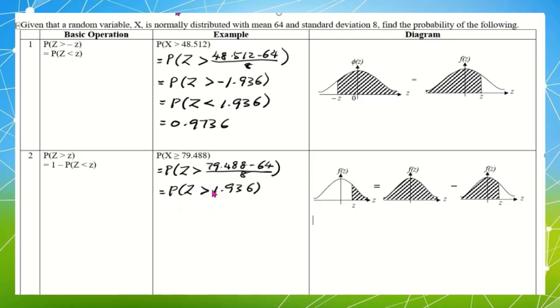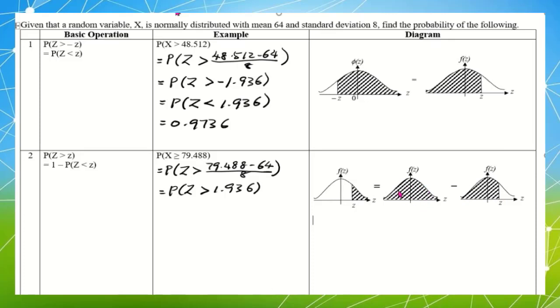is greater than. So what I need to do is I need to change this into less than. So when we look at here, if we want to change greater than into less than, we can use 1 minus. Because when we look at this diagram, the area greater than positive z, actually it is same as the whole area under the graph minus the area where it is less than positive z.